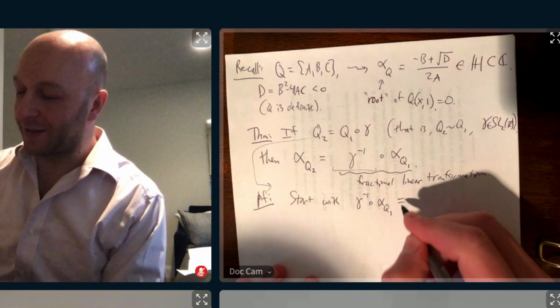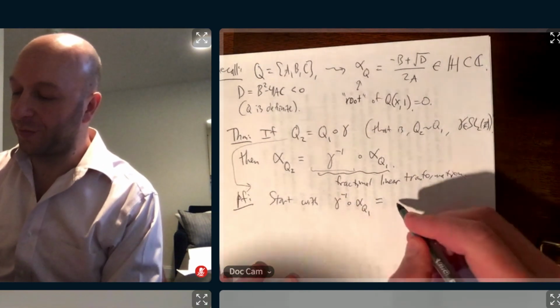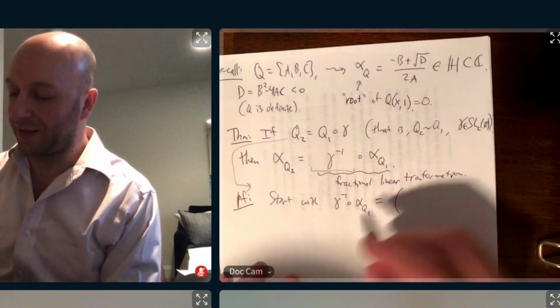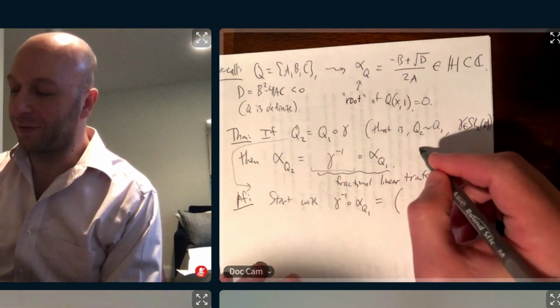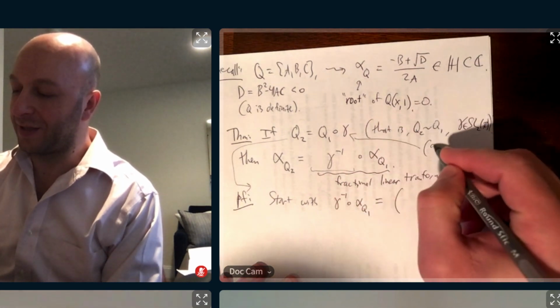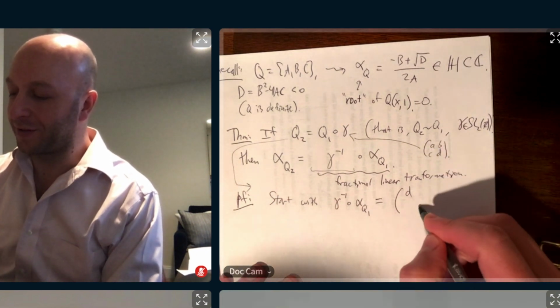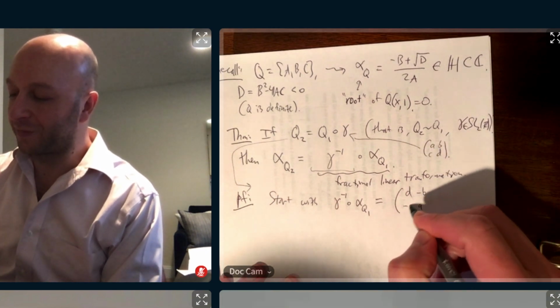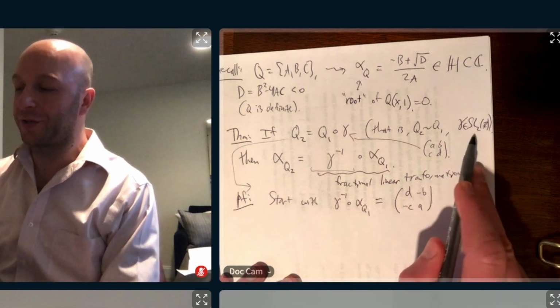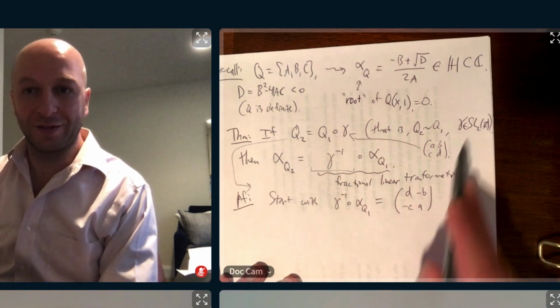So what is this? Gamma inverse, we remember what gamma inverse is. If gamma is [a, b; c, d], then gamma inverse, you flip the diagonal entries, negate the off-diagonal, and divide by the determinant, but we assume the determinant is 1.